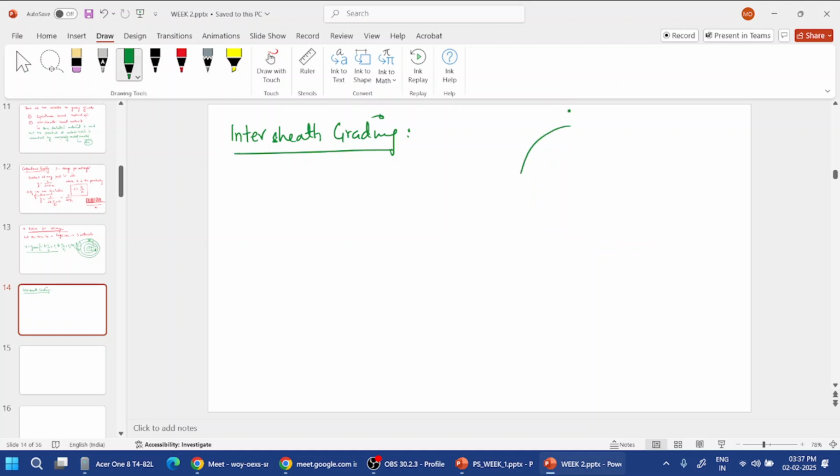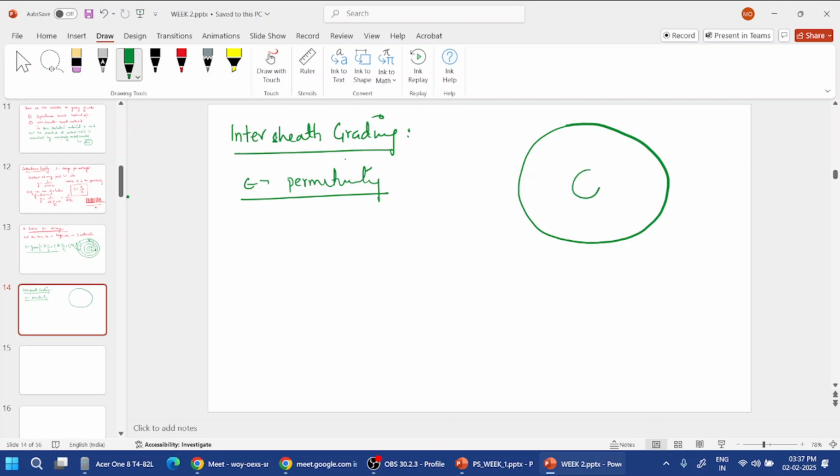In the intersheath, what is there? The same dielectric is used, so epsilon will be the permittivity and it will remain the same. Because in an intersheath we maintain the voltage at the prescribed value by using the metallic intersheaths.